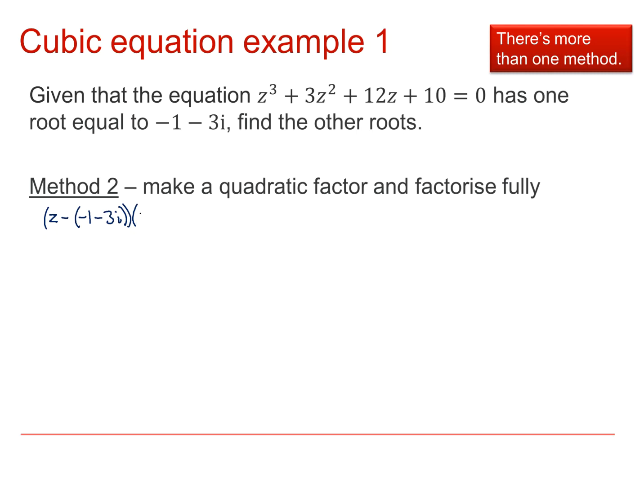OK, our second factor will be z minus minus 1 plus 3i equals 0. Hopefully you've multiplied that out successfully to get z squared plus 2z plus 10 equals 0.